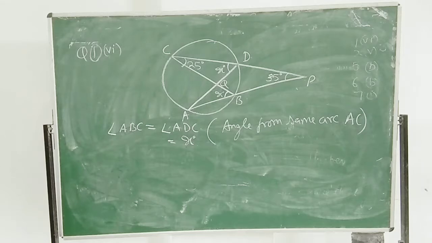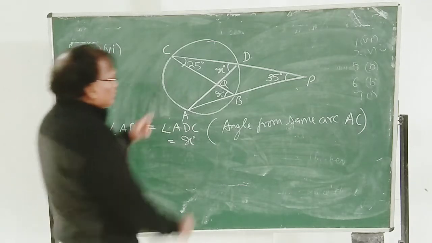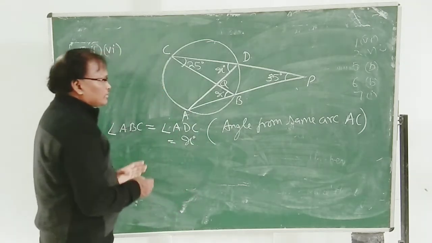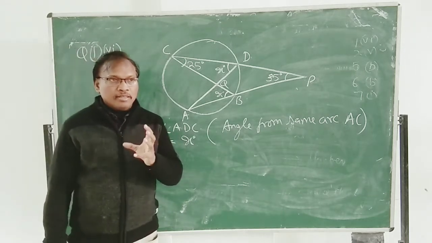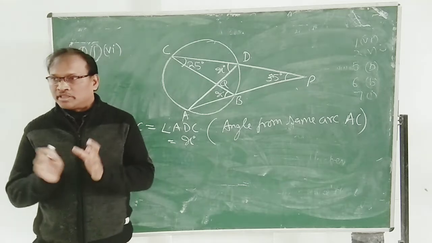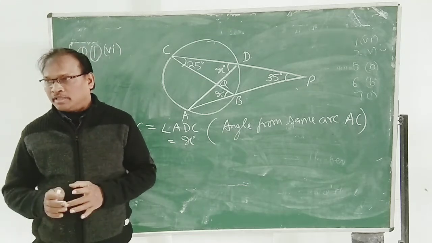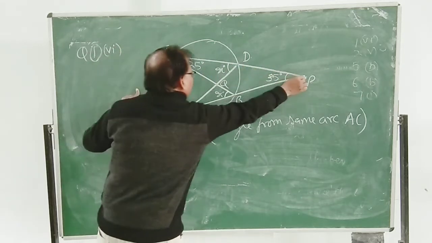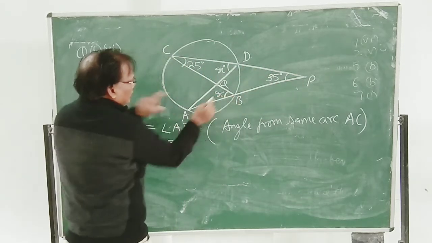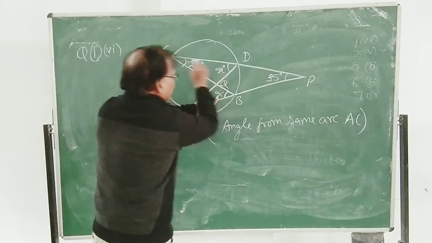After finding this angle ABC, can you apply the property of the triangle, that is exterior angle is equal to sum of opposite interior angles. You can see in this triangle BCP, this is the exterior angle and these are the opposite interior angles.